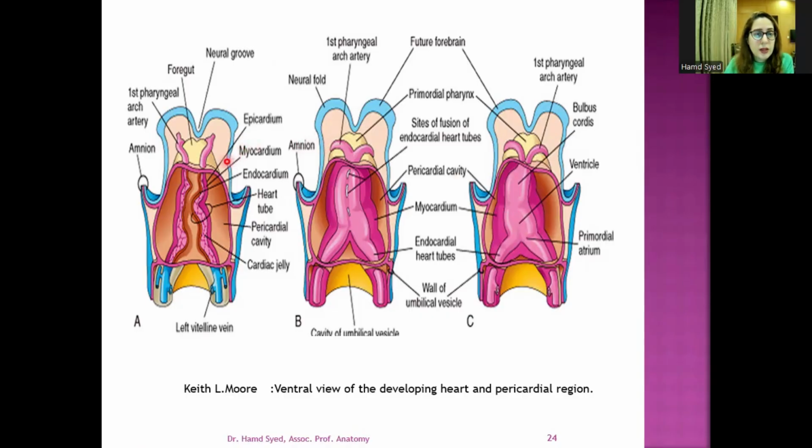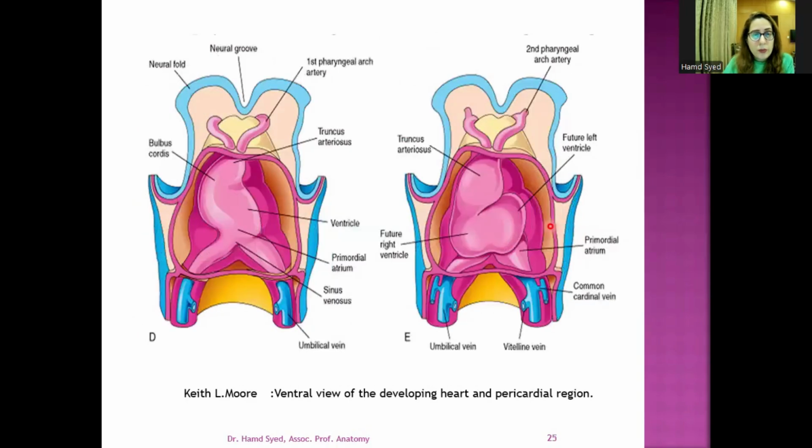And also you can see the layers. If you want to look at the layers of the heart, you can see the endocardium, and you can also see the myocardium, and then externally the epicardium. This is a process which, as I told you, I'll talk about later in detail, the folding of the heart tube. This heart tube, you can see, is going to bend.